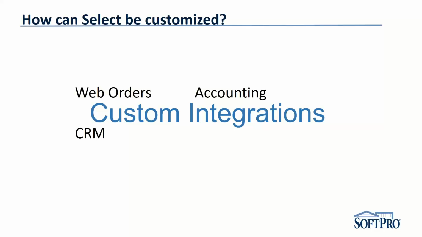Then web orders. A lot of title companies, or you yourself might these days have some type of ability to create a customer platform where they can input an order or request that a new order is created for them. And then taking that data and importing it into Select so that you don't have to rekey.